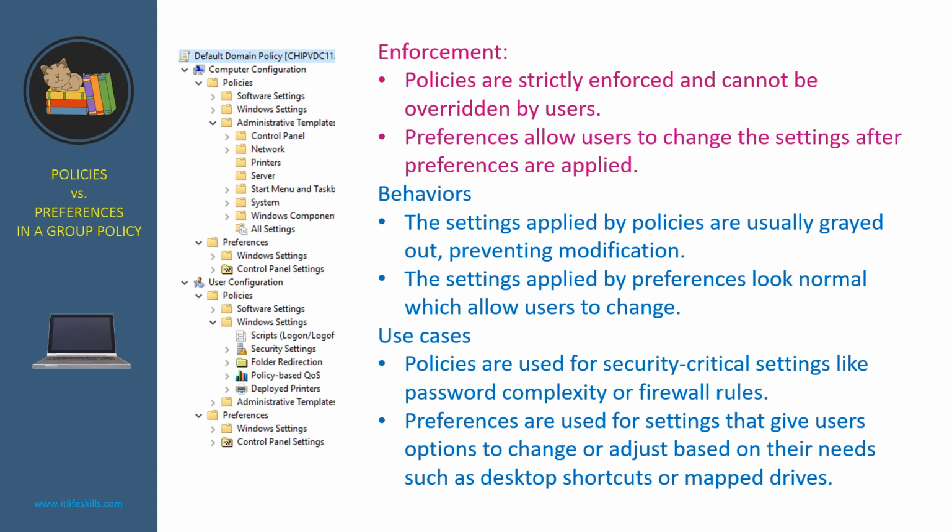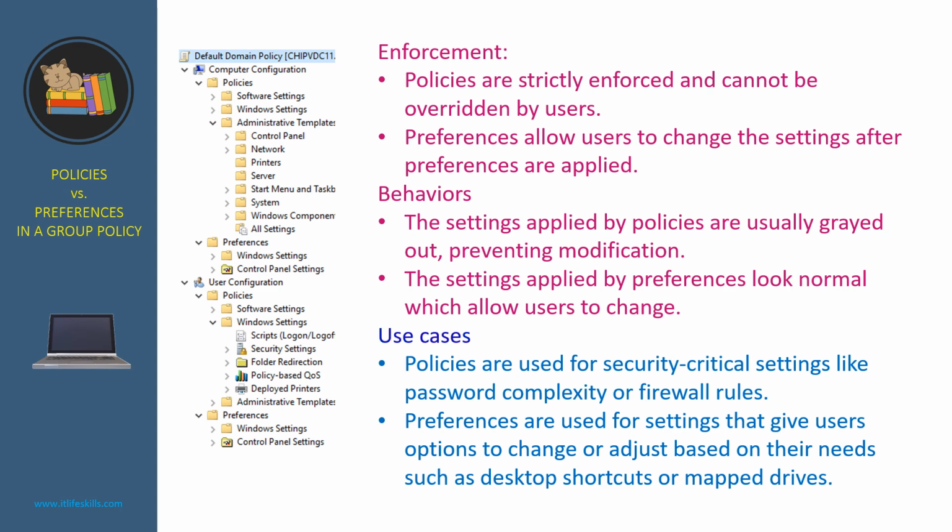Preferences, however, allow users to change the settings after preferences are applied. In terms of behavior, the settings applied by policy are usually grayed out, preventing modification. However, the settings applied by preferences look normal, which allows users to change.